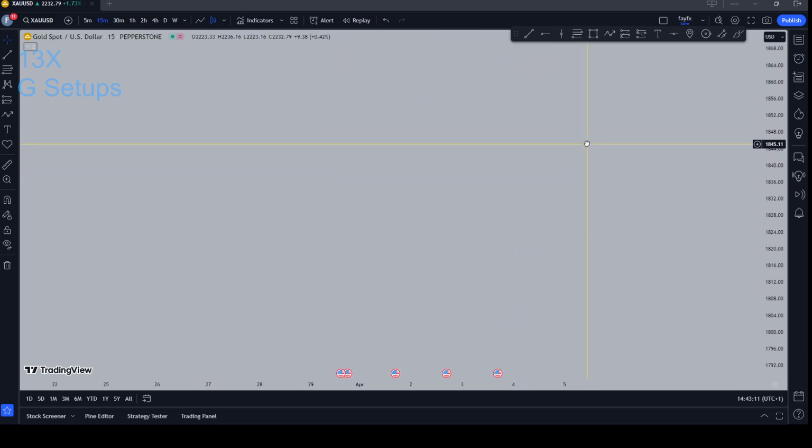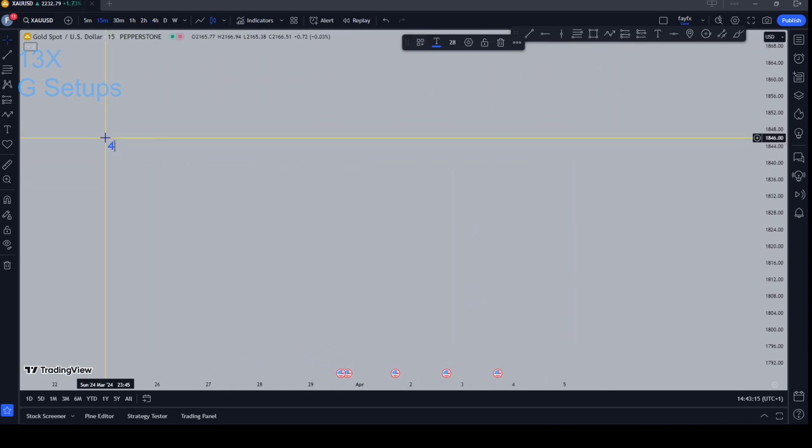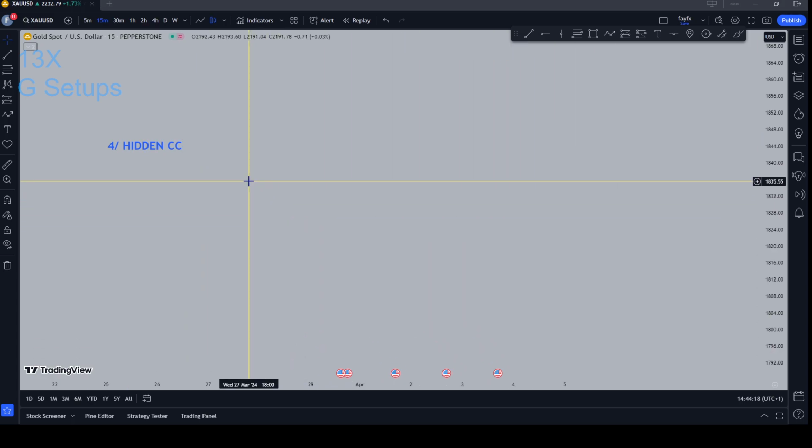Let's see the fourth entry. I call it hidden CC. So what is hidden CC?